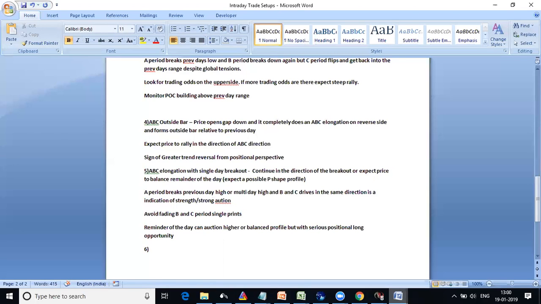No. So this is the only final ABC elongation. ABC elongation with gap up, and multi-day breakout. Right. So this is the final one, which we saw in the Reliance example, where it broke on the A period itself.